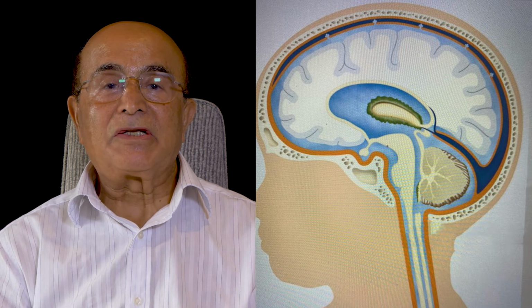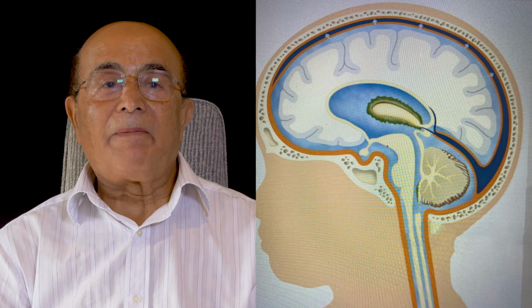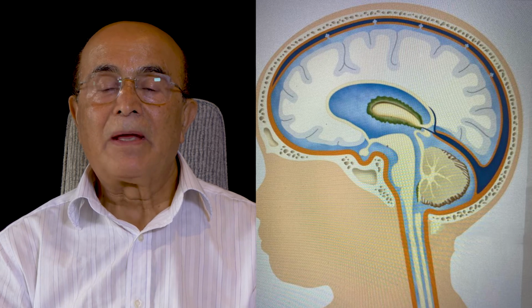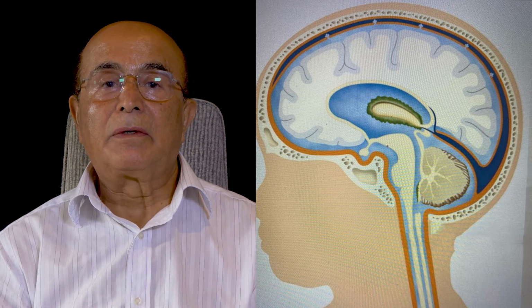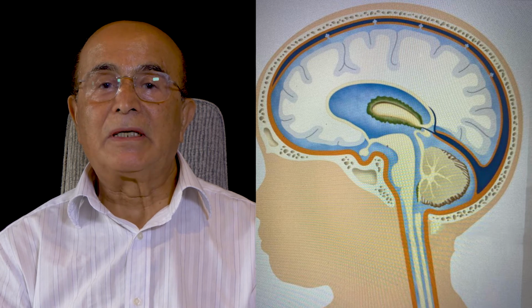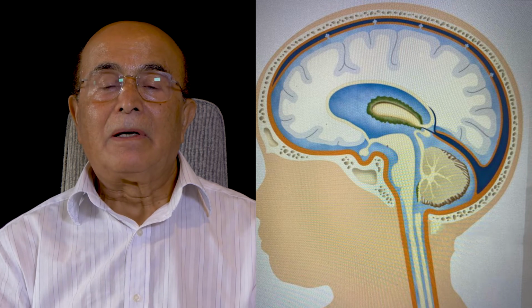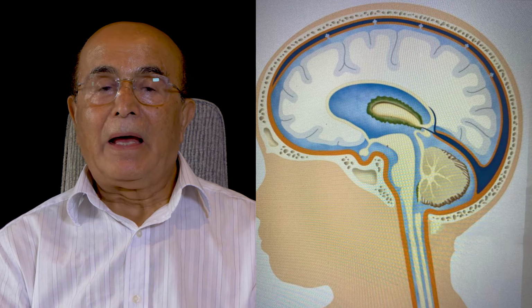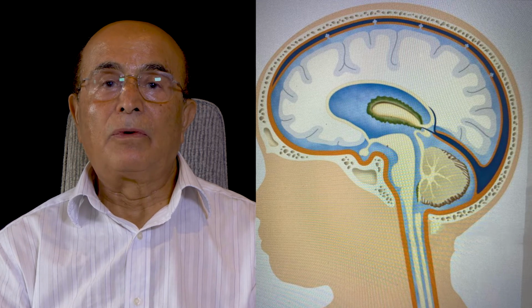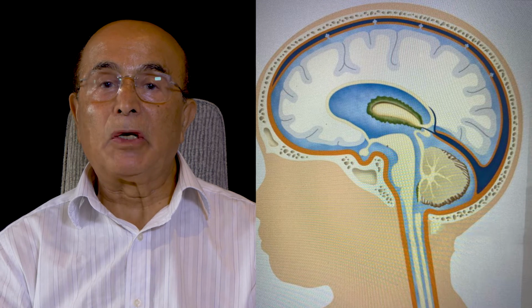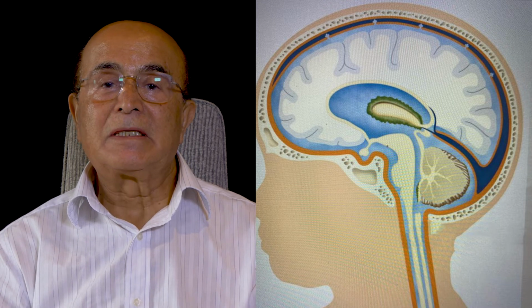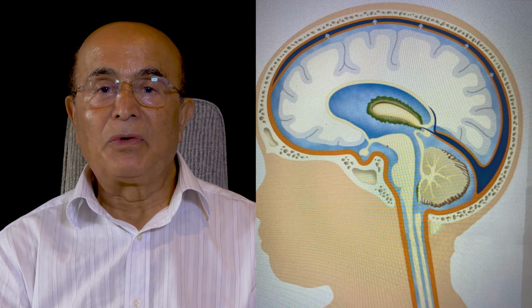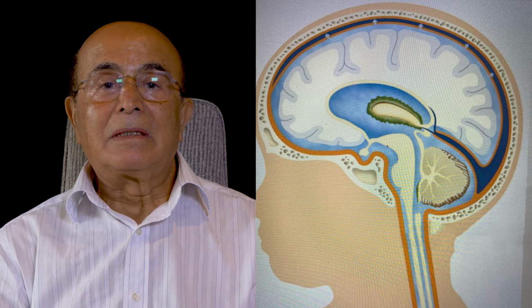From there it goes through the interventricular foramen from the lateral ventricle to the third ventricle, from the third ventricle through the aqueduct to the fourth ventricle, and lower down into the medulla through the foramina of Luschka and Magendie, and then the spinal column, and goes to the blood and is absorbed in the arachnoid granulations. So that's the pathway. Any obstruction to this pathway will lead to hydrocephalus.